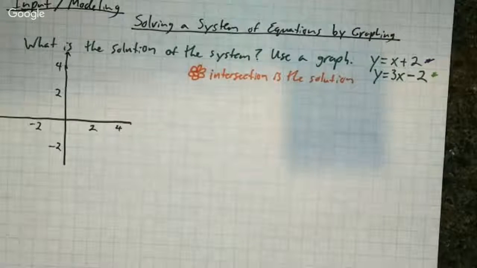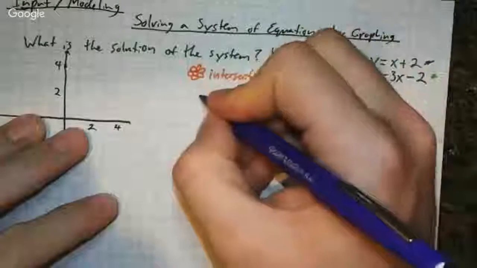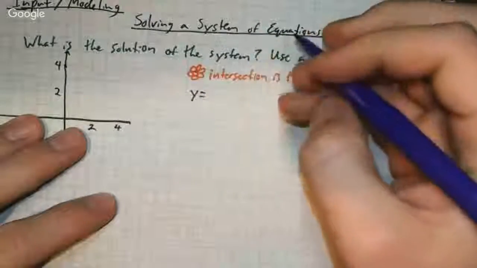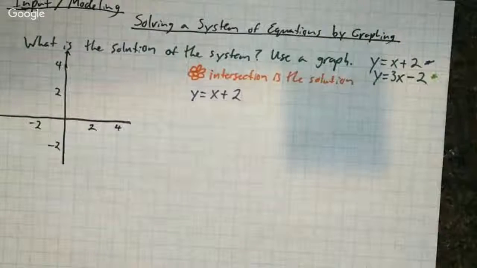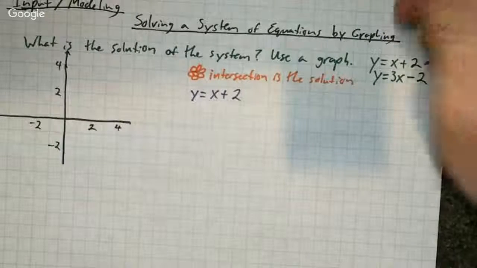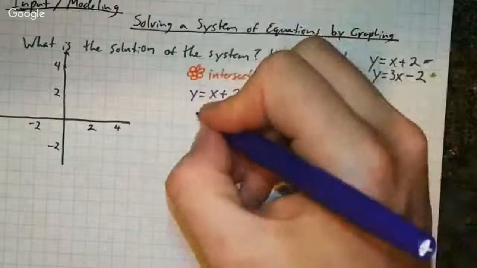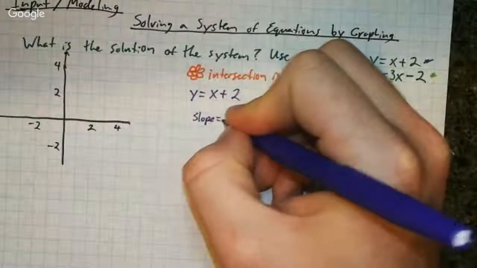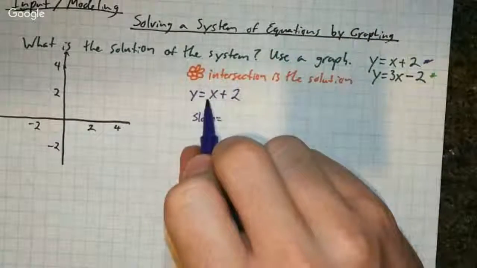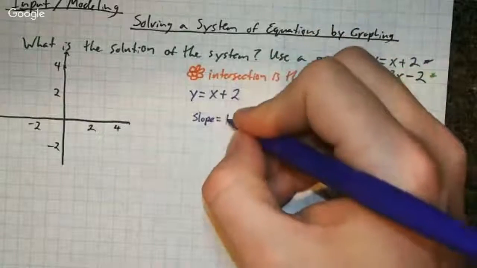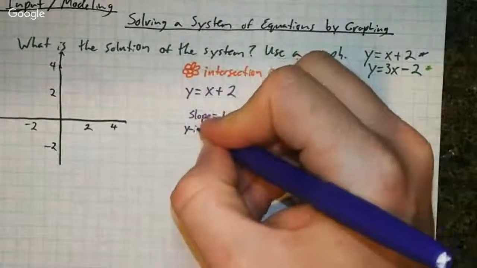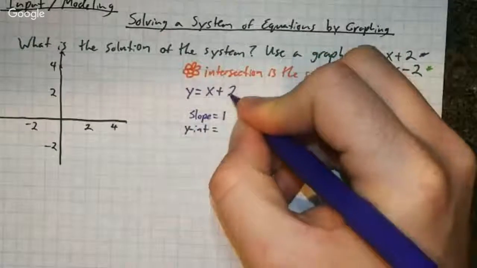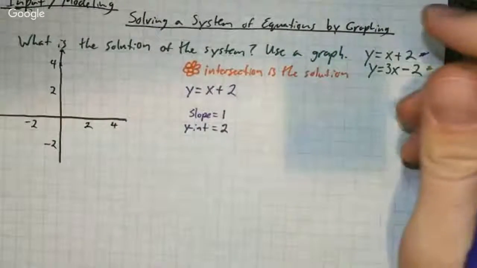Okay, so let's start with the first one. y equals x plus 2. Now we know some information about this. We know how to graph. So the slope here is going to be, well, x has a 1 in front of it, so the slope is 1. The y-intercept is positive 2.